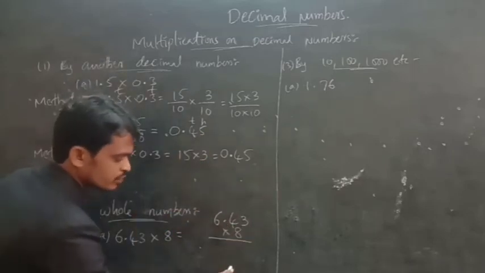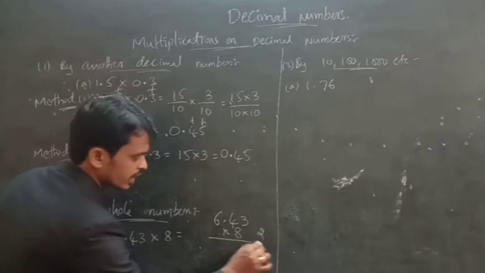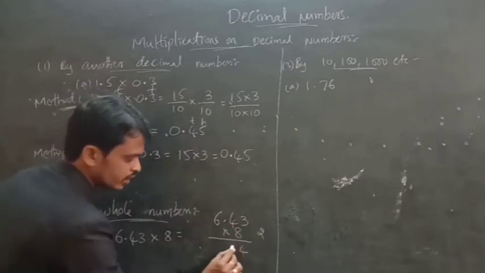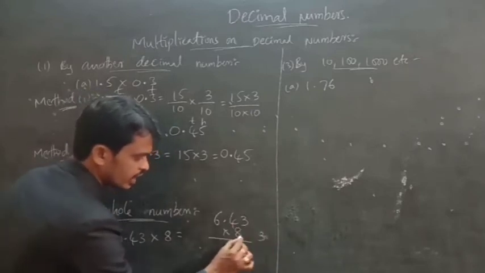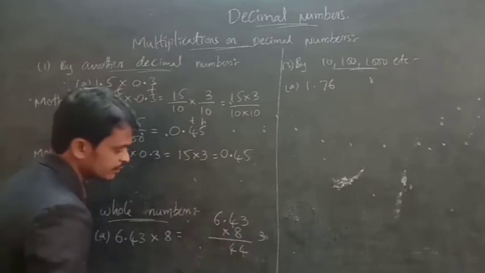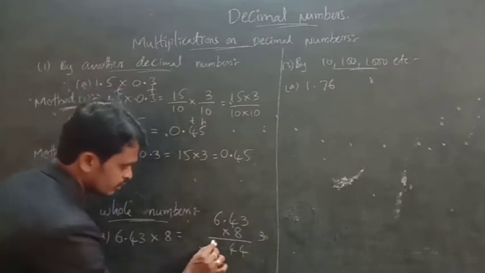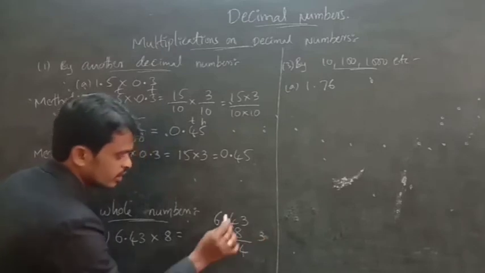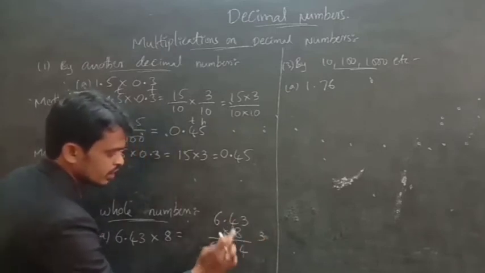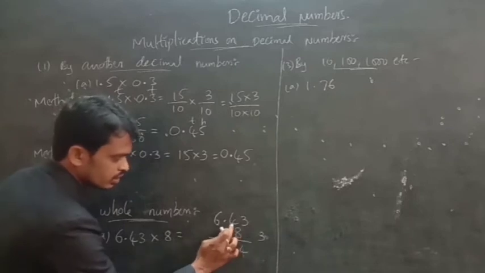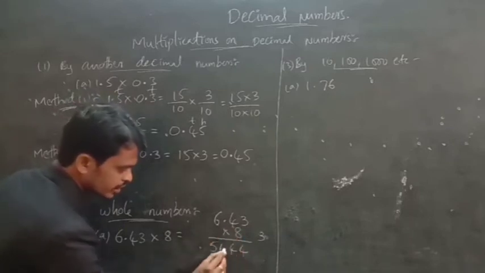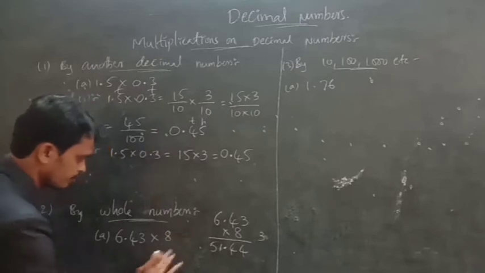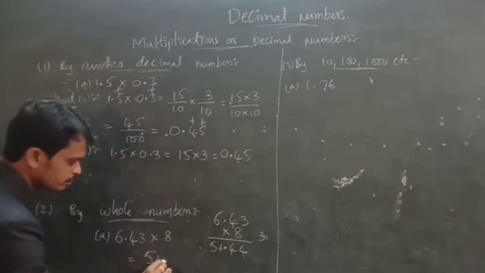So 8 threes are 24, 4 and 2 carry, 8 fours are 32, plus 2 is 34, 4 and 3 carry, 8 sixes are 48, 48 plus 3 is 51. Point after how many numbers? Tenths, hundredths. The answer is 51.44.